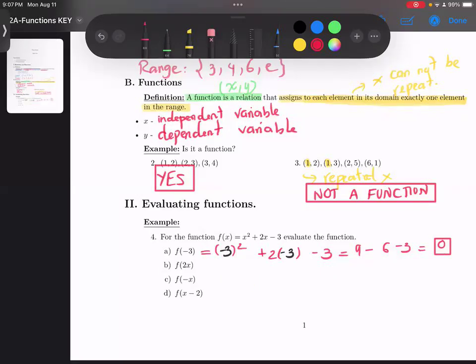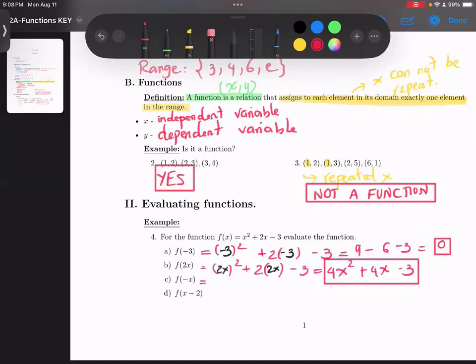All right, f(2x). So basically everywhere I see x, I replace it with 2x. That's all. 2x, 2x. So I got 4x squared plus 4x minus 3. And that will be my answer. You don't have to factor it. They didn't say anything about factoring.